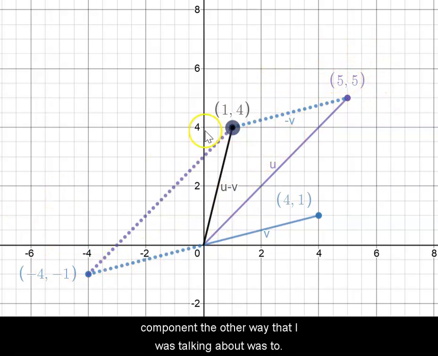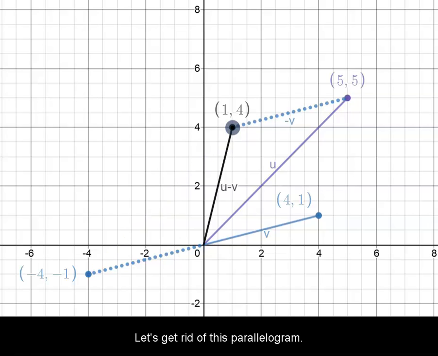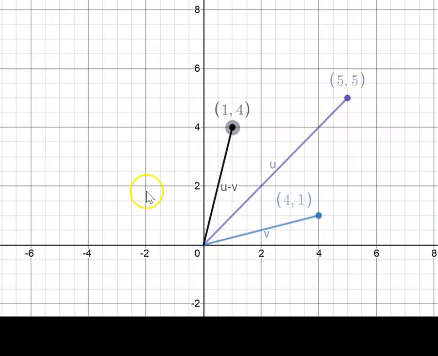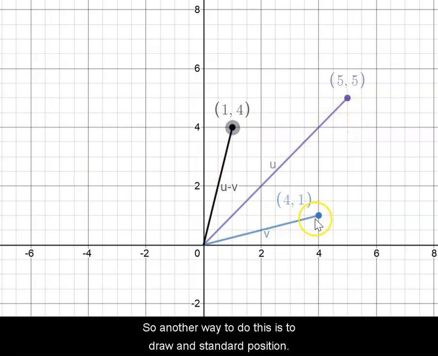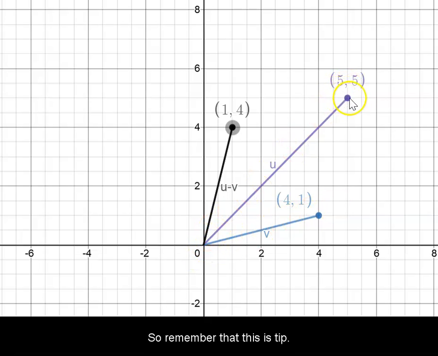Now, the other way that I was talking about, okay, let's get rid of this parallelogram, okay? So another way to do this is to draw it in standard position, okay? And so remember that this is the tip and this is the tail, so they're 2 tails together.